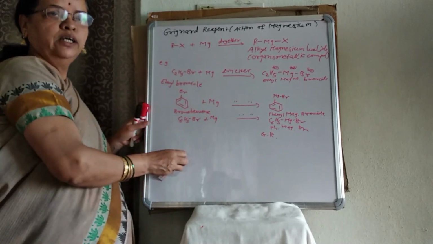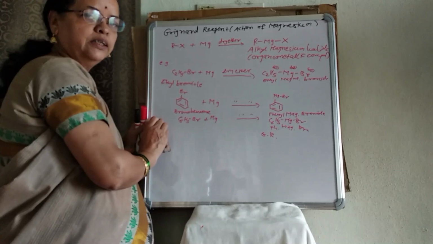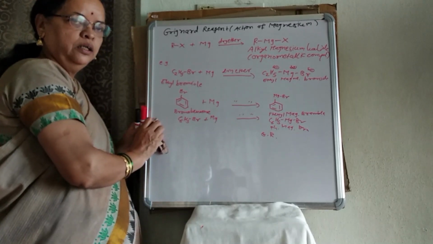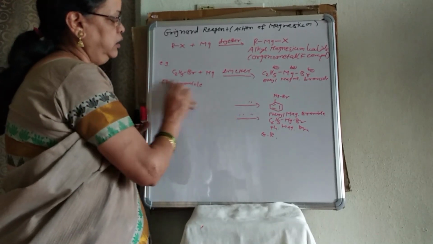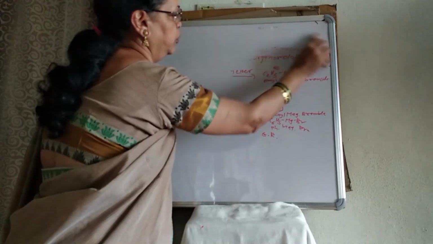Okay, so I think you understand about the Grignard reagent. And what are its applications? It is useful to prepare compounds like alcohols, aldehydes, ketones, carboxylic acid.